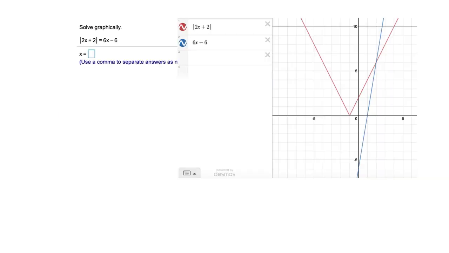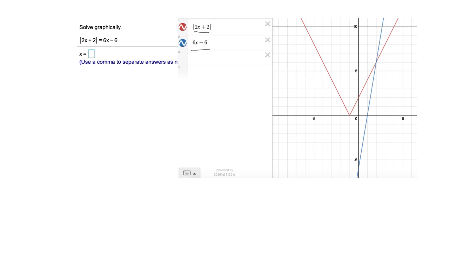All right, for this problem, you're solving graphically. So what I did was I used Desmos to graph both sides. The first one is an absolute value function with a vertical stretch, so it gets thinner, and you find your vertex by plugging in 0 for y.